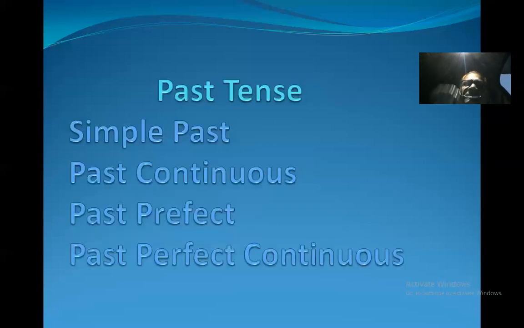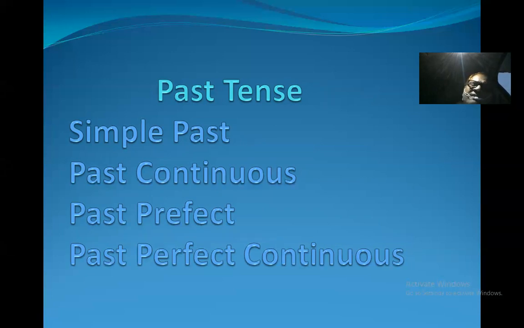After present tense, we can see the past tense also has four different types: simple past tense, past continuous, past perfect, and past perfect continuous tense.